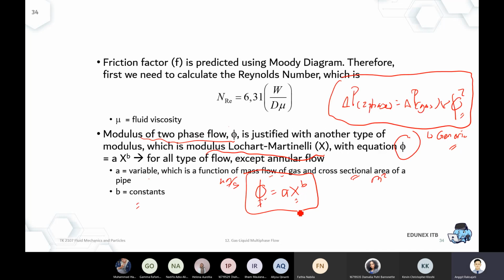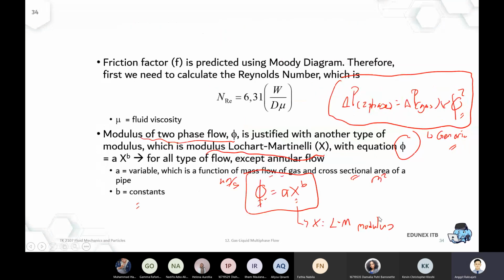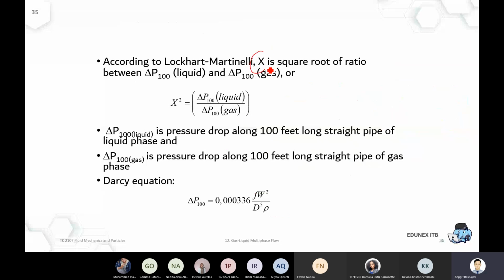Be mindful, X is the Lockhart-Martinelli modulus. X is the square root of the ratio between the pure liquid assumption divided by the pure gas assumption. So that is what is proposed by Lockhart-Martinelli.